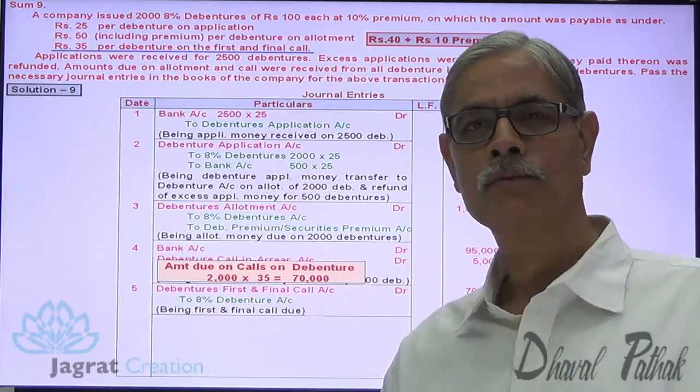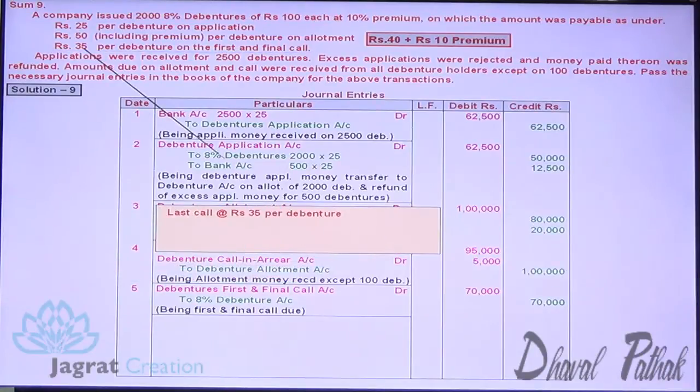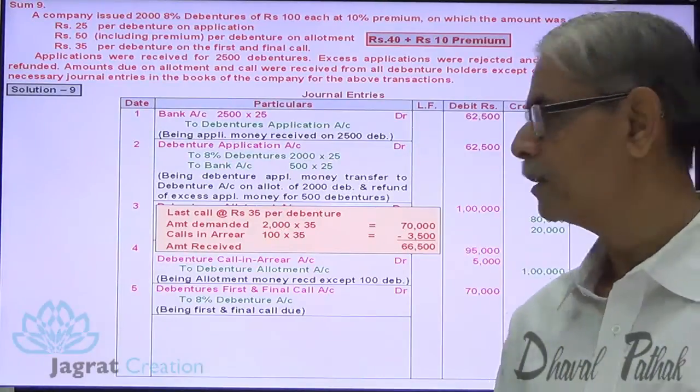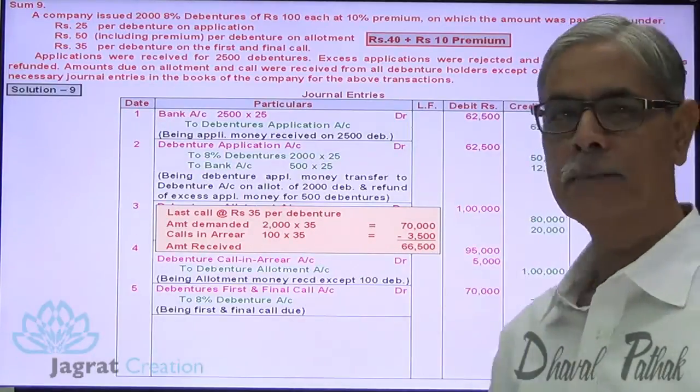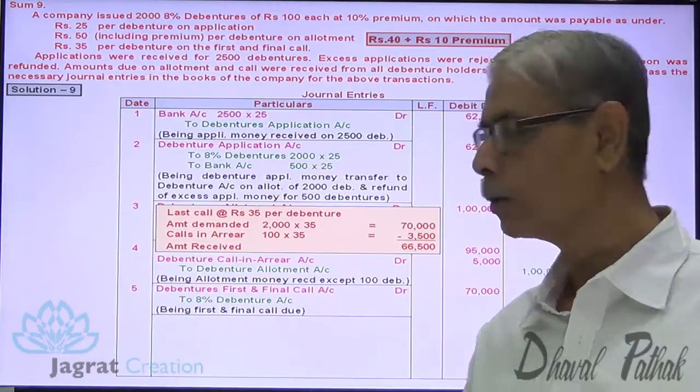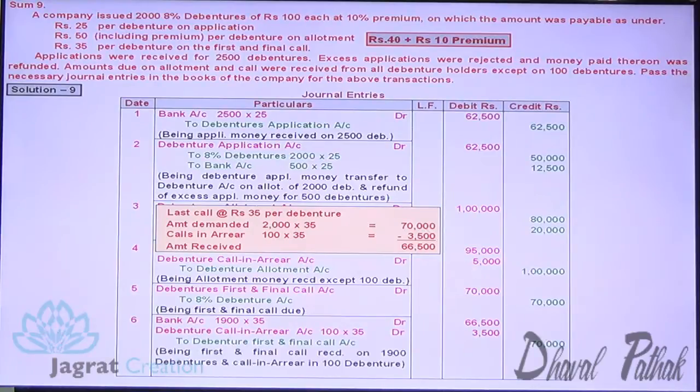So let me work out how much amount has been received. I have received on 1,900 debentures 66,500. This was the amount demanded. This is calls in arrears. This is the amount that has been received. Amount received is debited to bank account. So bank account debit 66,500. Debenture calls in arrears account debit 3,500, to debenture first and final call account.